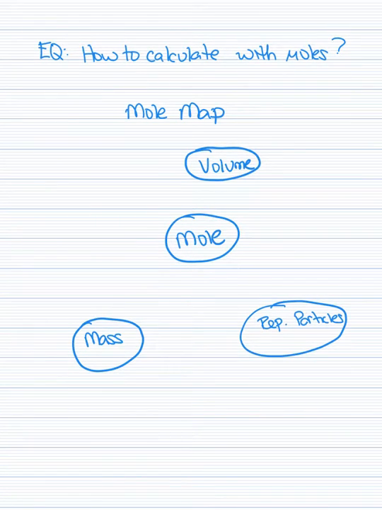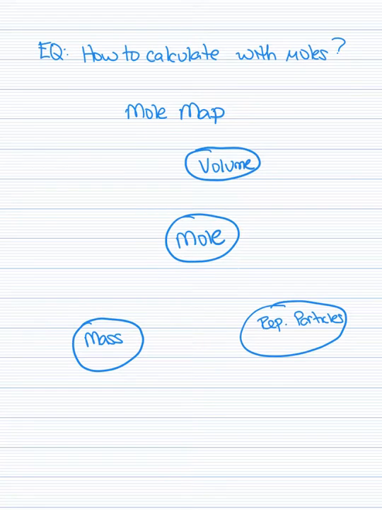In this section, we are going to be learning how to calculate with moles. And to do that, we're going to use our mole map. Using the mole map that you have on your screen, we can go to mass, volume, or representative particles. We'll start by looking at mass.